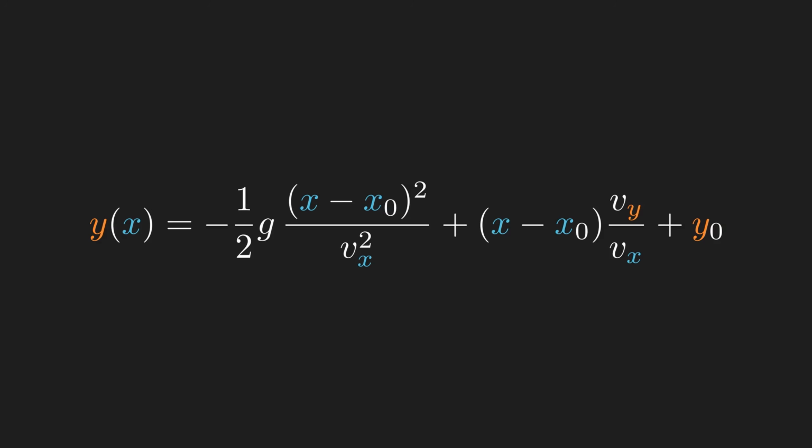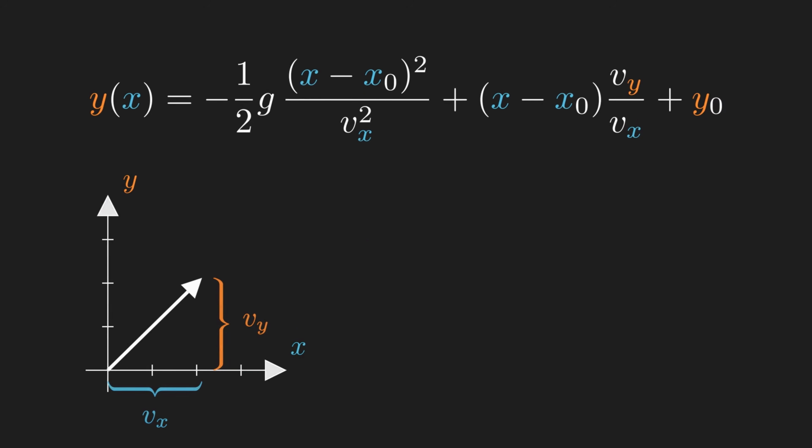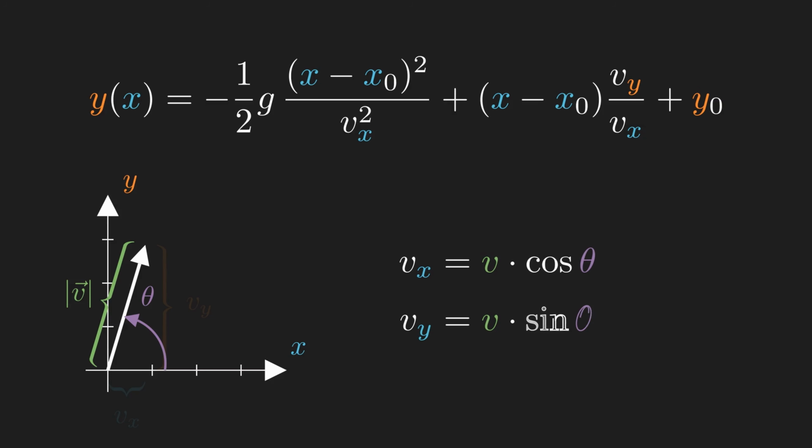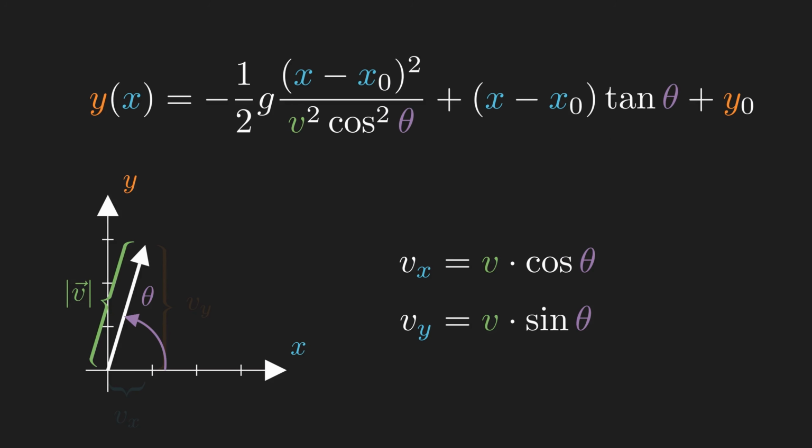One more thing I'll do is, instead of having the velocity in terms of an x and a y component, let's have it in terms of a magnitude and an angle, since that is closer to what we're given in the game. With a bit of trigonometry, we can substitute in these expressions for Vx and Vy. Now, in our current coordinate system, the y-axis is pointing up.